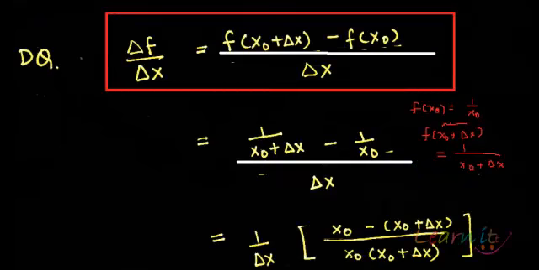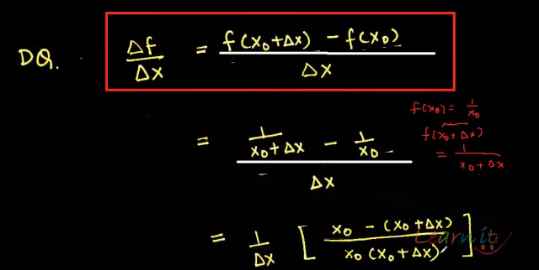is my difference quotient. Now what I can do here is, in the numerator, let me just take out 1 upon change in x outside. In the numerator, to figure out this difference, I need to take the LCM. I'm going to make the denominators the same and then subtract.